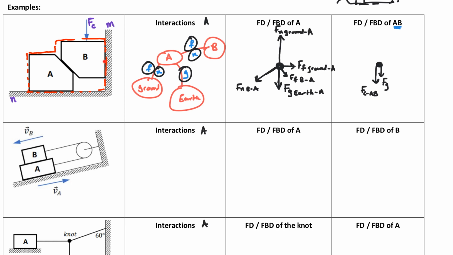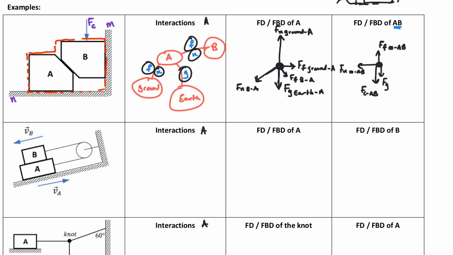And there's going to be a push from this surface in this direction. And there's possibility of force of friction as well, because if this part of it is trying to come down, this is going to be pushing it upwards. So there's going to be a force of friction in this direction from M to AB, and there's going to be a push in this direction, force of N from M to AB.